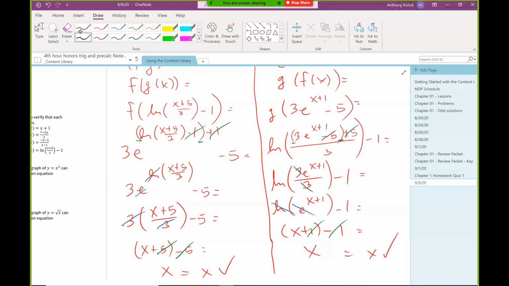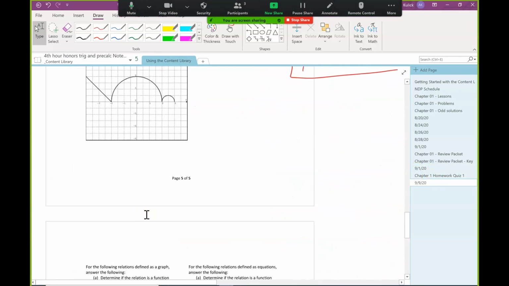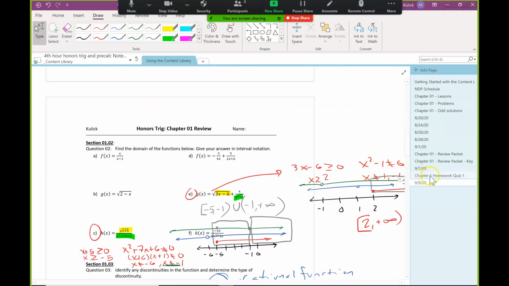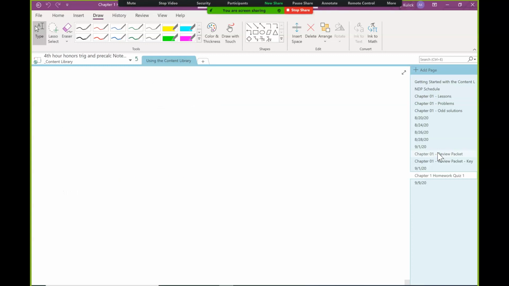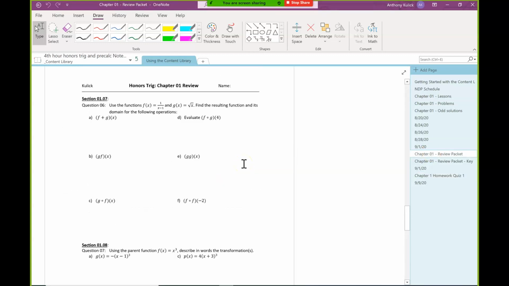Can we do B for one? Okay, let's see. Do I have 1.7 on here already or no? I do not. Okay. So let me go back and grab that. This one.